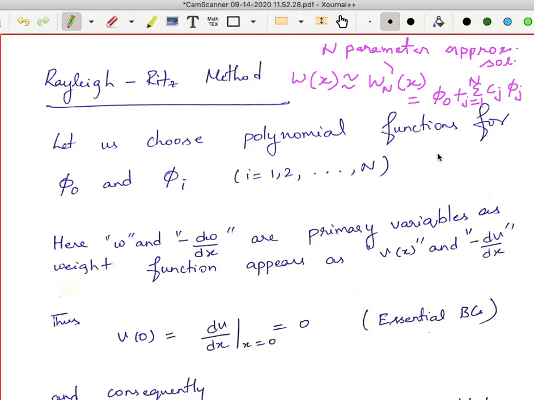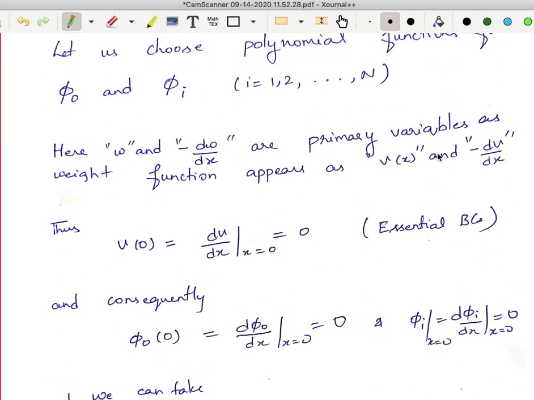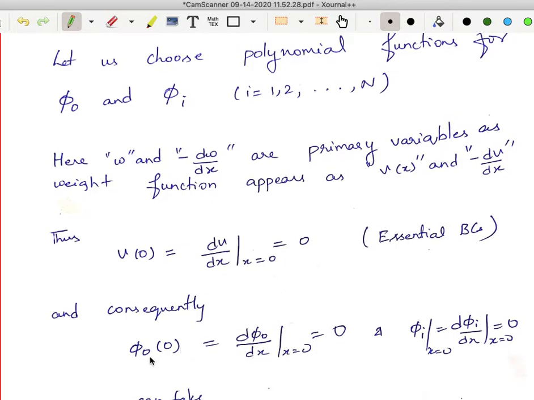So what should be the conditions on phi naught and phi j? Phi naught must satisfy the essential boundary conditions, which are phi naught at 0 and d phi naught by dx at x equal to 0 must be 0. In this problem, these are homogeneous.